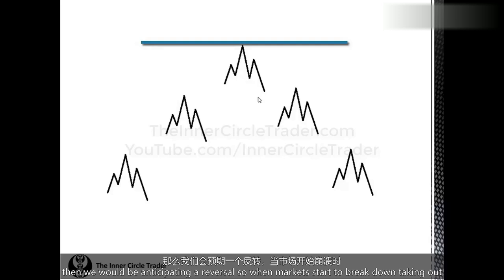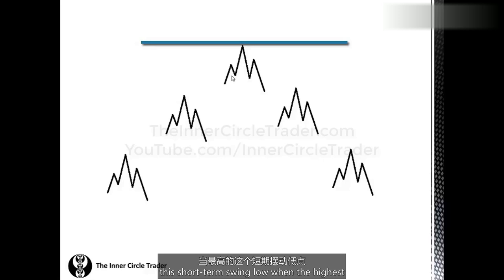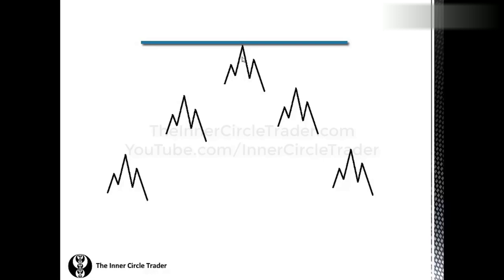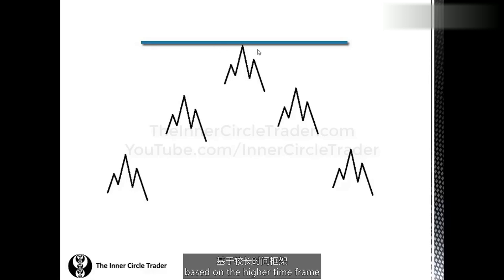So when markets start to break down, taking out short-term swing lows in here, on the highest time frame for your particular trading model, once that breaks, this would be the catalyst for you to say, okay, this is probably going to be an optimal trade entry based on the higher time frame chart of your profile.